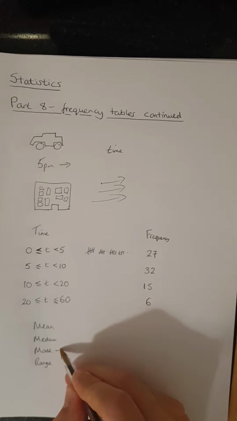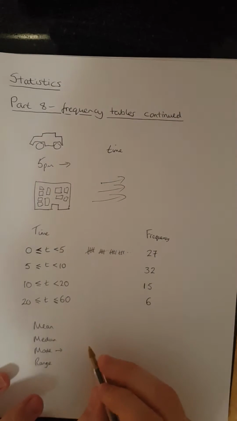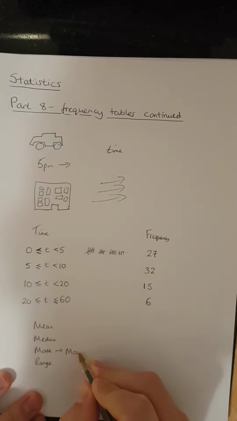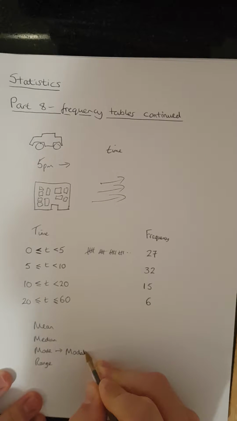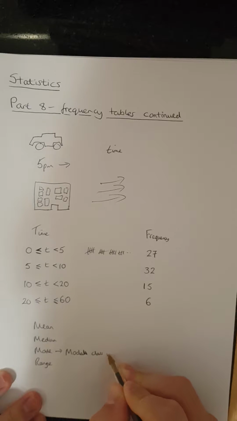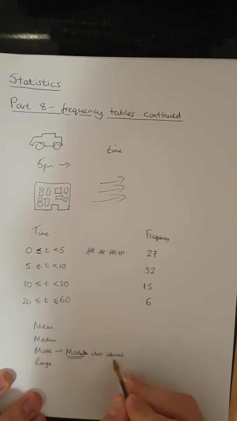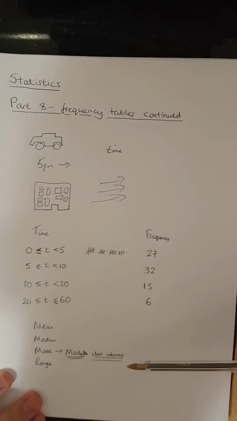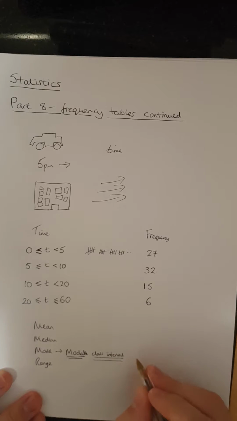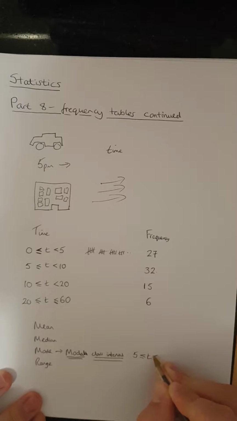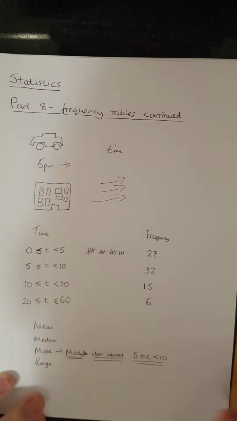Now the mode. We can find the modal class interval. The most common interval. Now, this will have the highest frequency, which is 32 here. So the modal interval, the interval where most cars left in, is that.